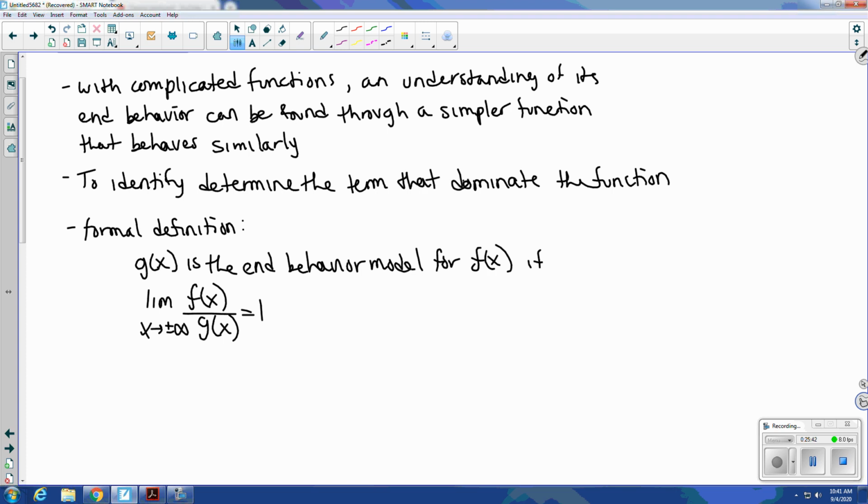Okay, so that's how you can check. So let's just look at an example.